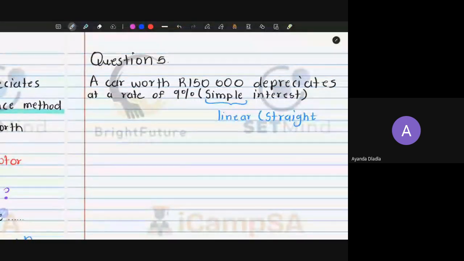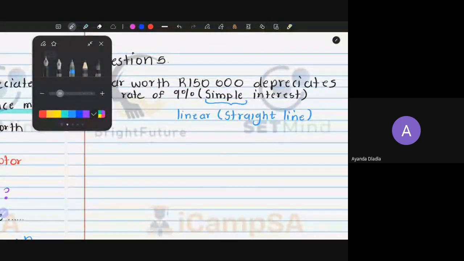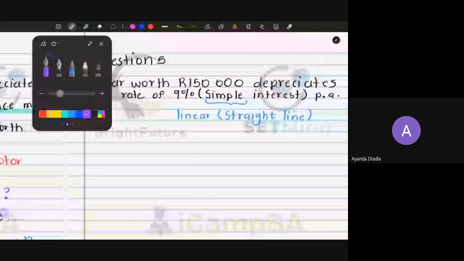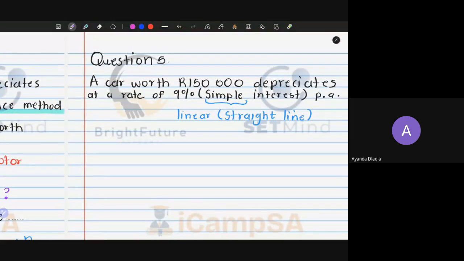So I just want to introduce you to that terminology. So let me put it down. So they say it is depreciating at a rate of 9%, simple interest per annum. And then now the question is, how much is the car worth after 5 years?